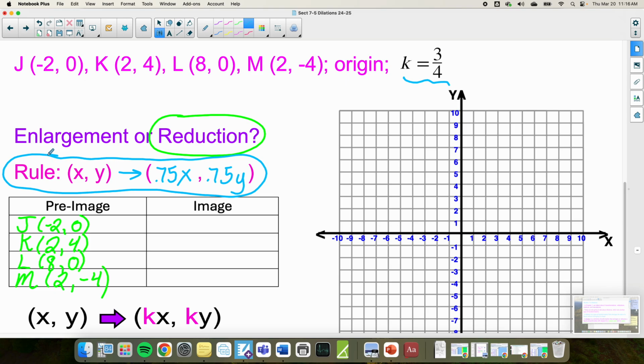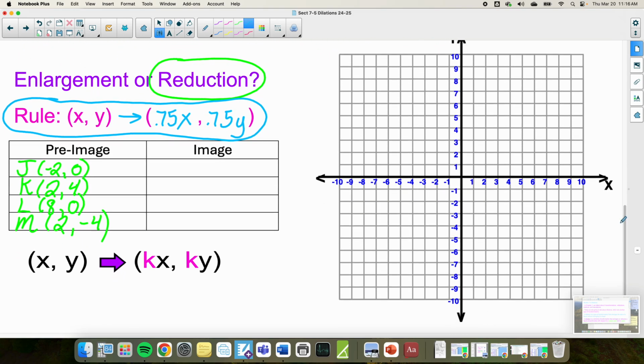Okay, and then let's plot our original figure first. So let's go to negative 2, 0, and that's J. Then let's go up to 2, 4, that is our K. Then we'll do 8, 0, that is our L, and 2, negative 4, that is our M. Now this is where you could use your ruler if you want to.